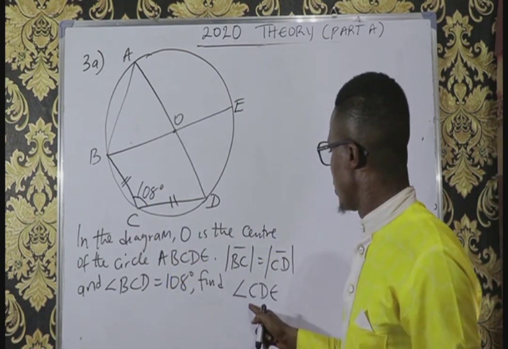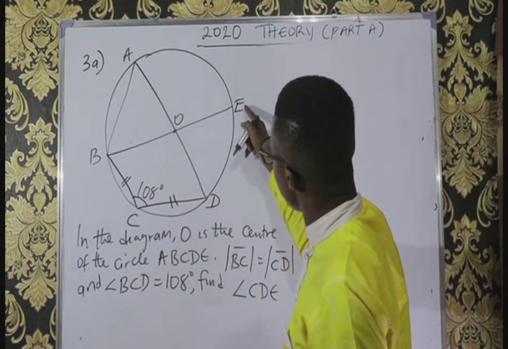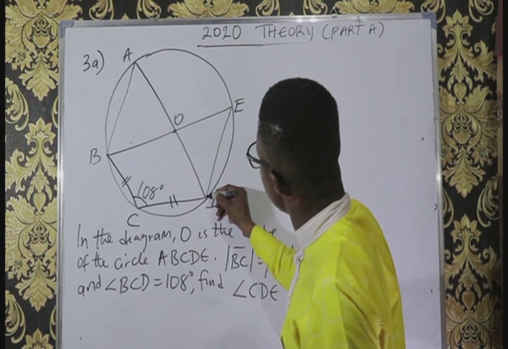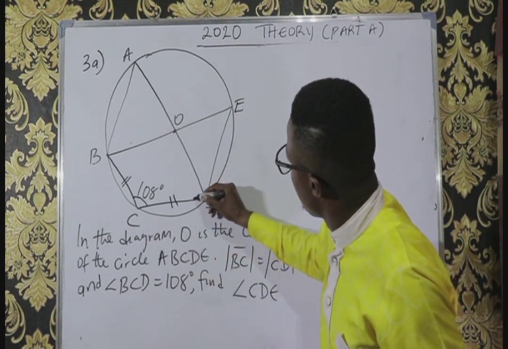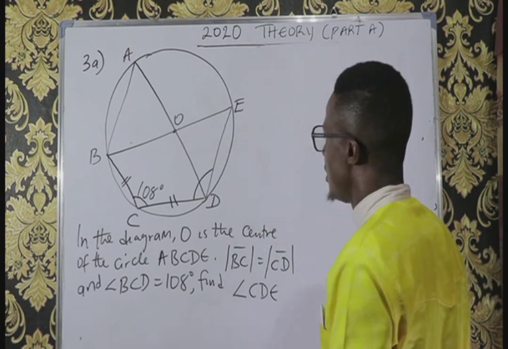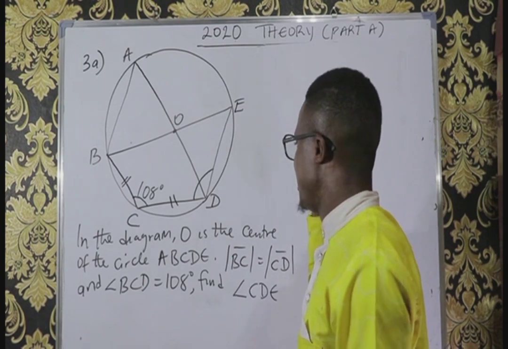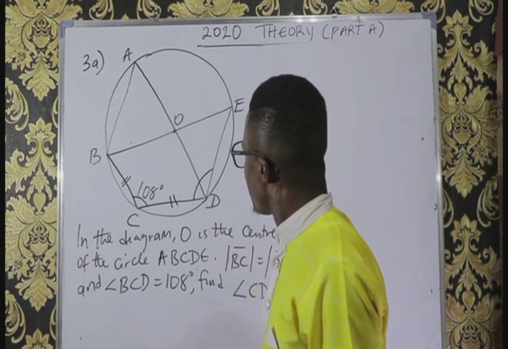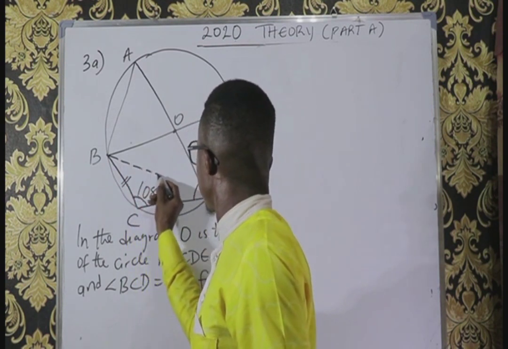We have to find angle CDE, C, D, and E. So this is the angle we need to find, angle CDE. Now you cannot get this without making a construction, because there's nothing we can do here. So if I were you, I will join this particular point.